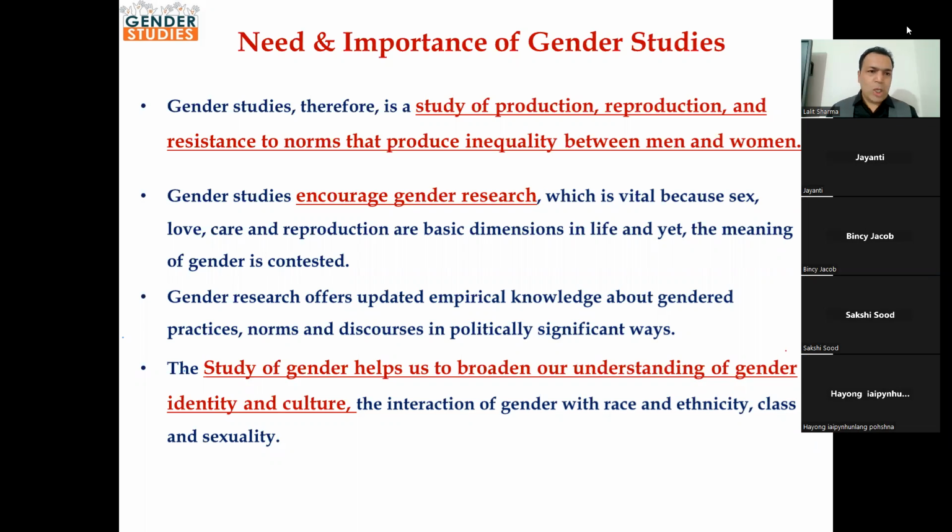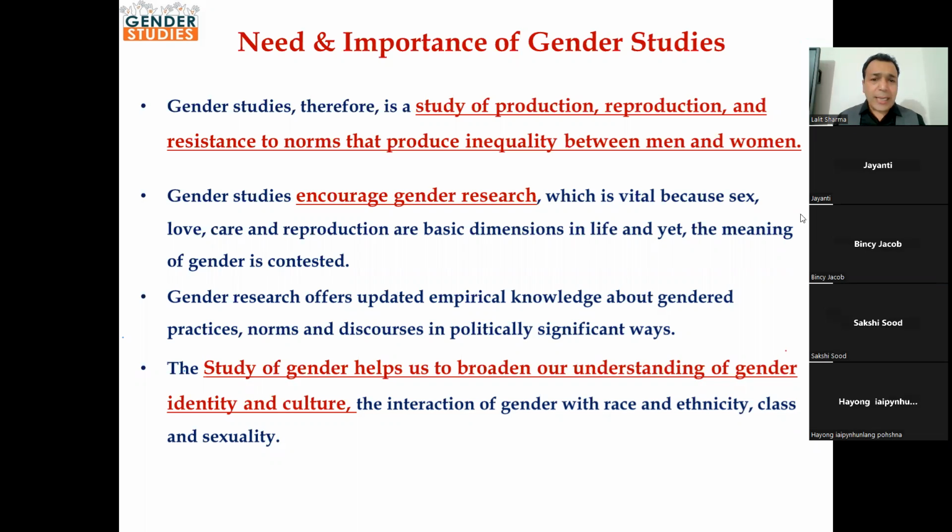Okay. So again, gender studies, second one, need and importance of gender studies. Gender studies encourage gender research, which is vital because sex, love, care, and reproduction are basic dimensions in life, and yet the meaning of gender is contested.